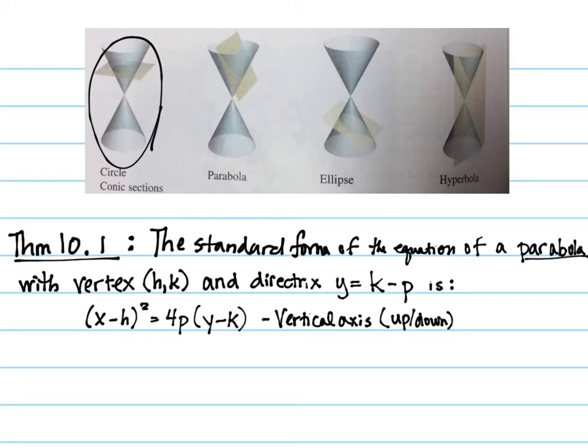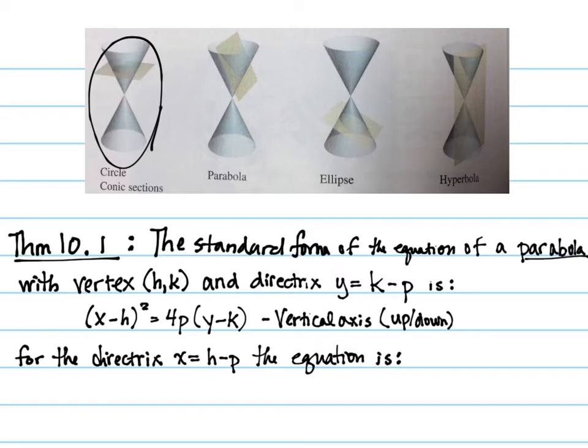And so if it opens up and down, we have the one that you're most familiar with from college algebra, right? Where it has the x squared, and you can see it in this formula. But if we're working with it opening left or right, while it's not a function, it is a parabola, and it has this very similar form, but y is going to be squared instead of the x being squared. So for the directrix, again, I promise I'm going to show you what a directrix is, but for the directrix, x = h - p, the equation is (y - k) squared equals 4p times (x - h).